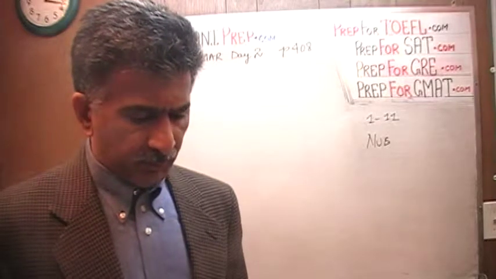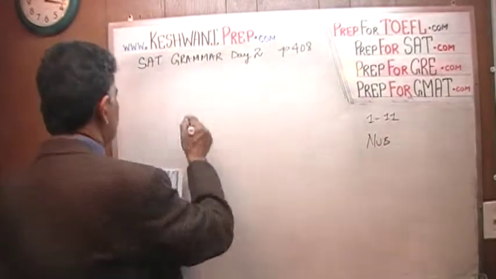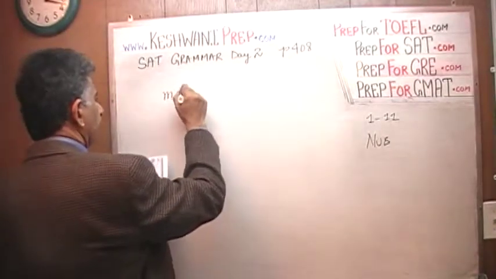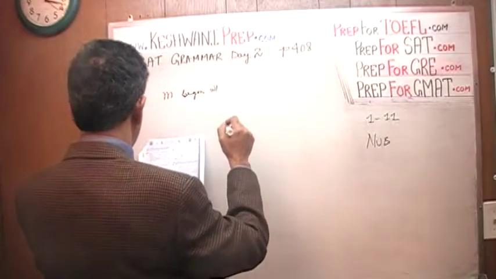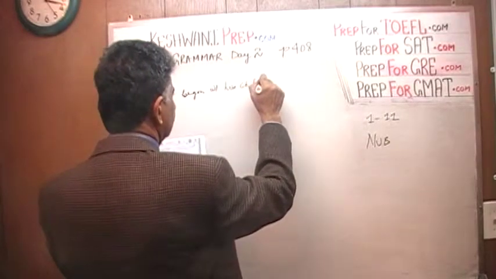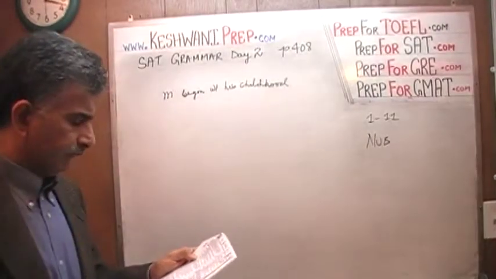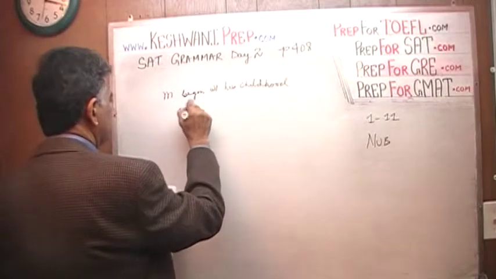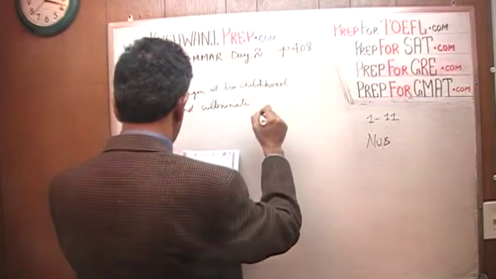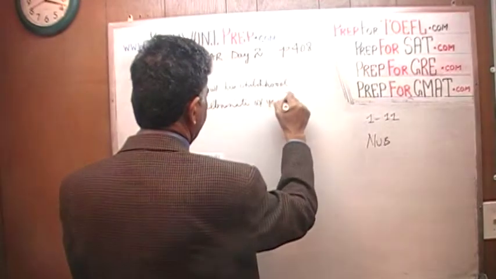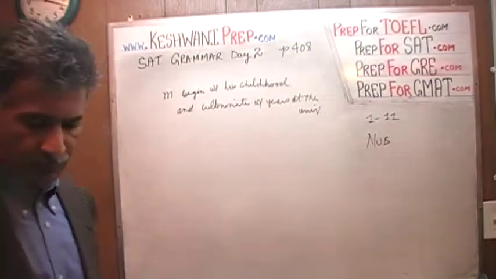The 3 volumes of memoirs begin with, so this is what it says, 3 volumes of memoirs begin with his childhood, they begin with his childhood and culminate with his years at the university.